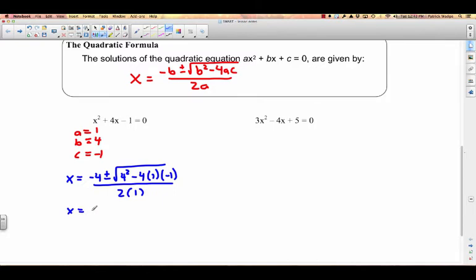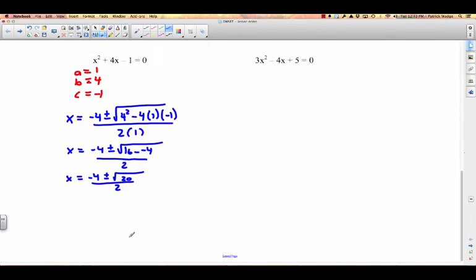Negative 4 plus or minus square root of 4 squared, which is 16, minus, okay, be careful here, 4 times 1 is 4, times negative 1 is negative 4. This is going to happen a lot where you get negative, take away a negative. All divided by 2. x equals negative 4 plus or minus square root of 16, take away negative 4 is 20, because that becomes a plus, all over 2. It's a good answer, but I'd like you to do better than that. Why? Because we can simplify the 20, right?